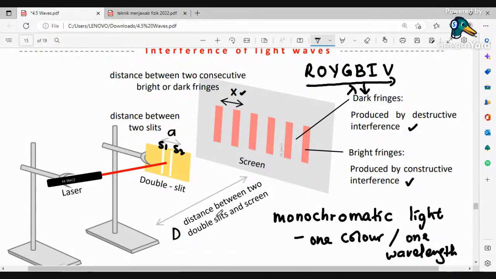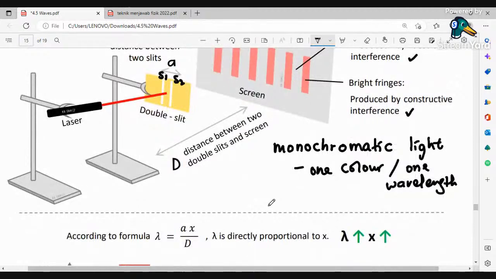For this light wave, you can also apply the same formula. Lambda is the wavelength of the light used, A is the separation of the double slit, X is the distance between two consecutive bright fringes or dark fringes. You can just take center to center like this. So this is X. For bright ones also you can take center to center.